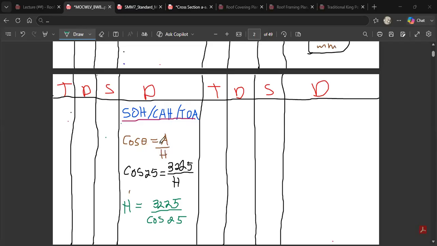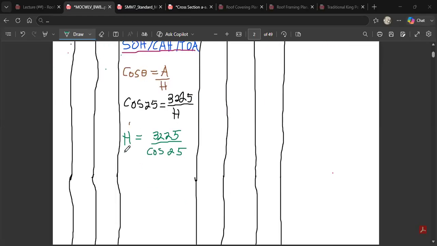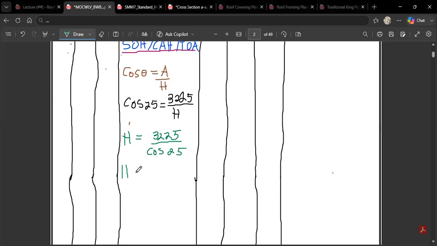Good. So if you punch this on the calculator, you realize you are going to get your H to be equal to what? 3558.39. Okay, so if you run that, it's just going to become 3558.40.